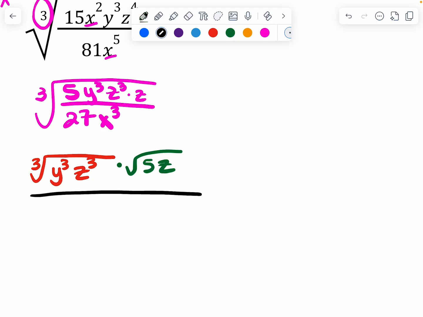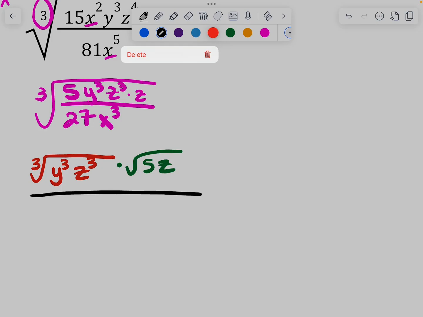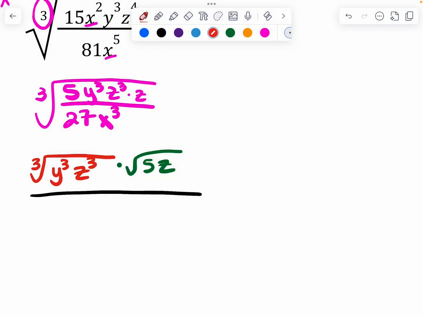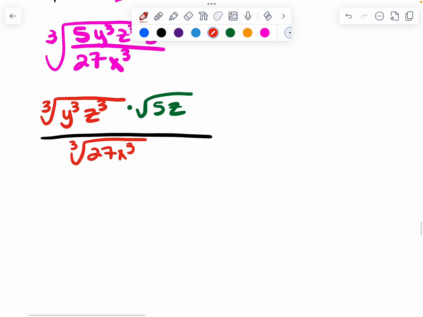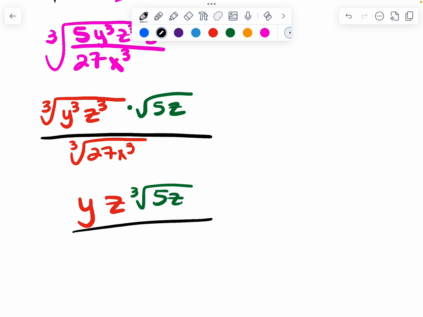And the denominator, what I can take the cubed root of: 27 and x to the 3rd. So if I look up top, I get yz, and then I can't take the cubed root of 5z, so I leave it where it is. And the denominator, 3x.